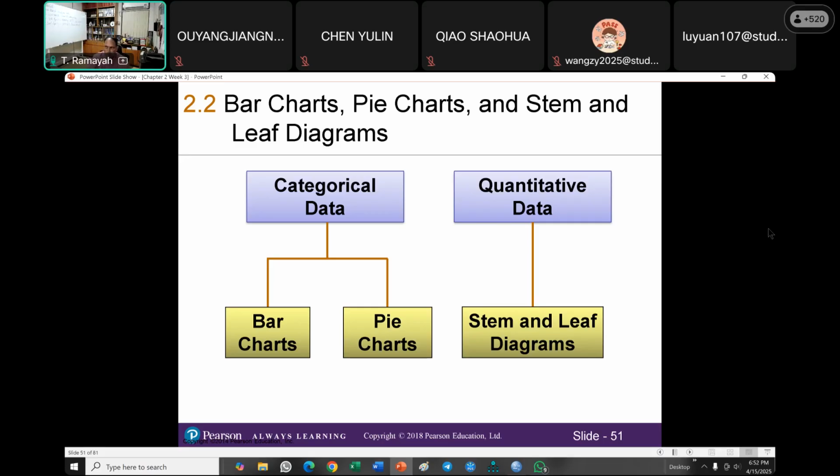And finally, we have the stem and leaf diagram. So for categorical data, we can do bar chart and pie chart. For quantitative data, we can do stem and leaf diagrams.